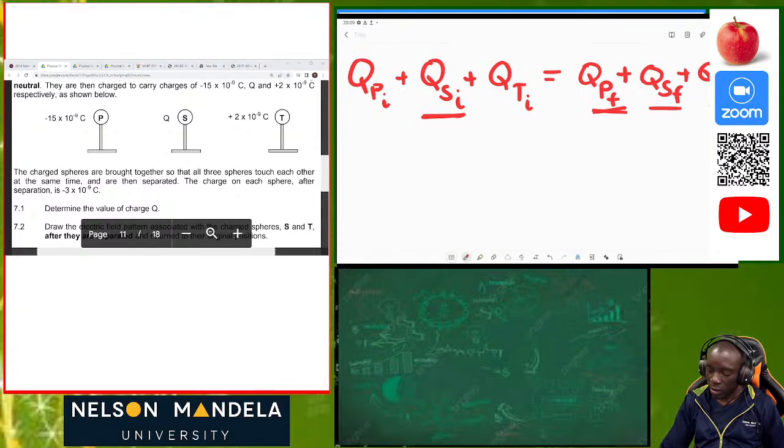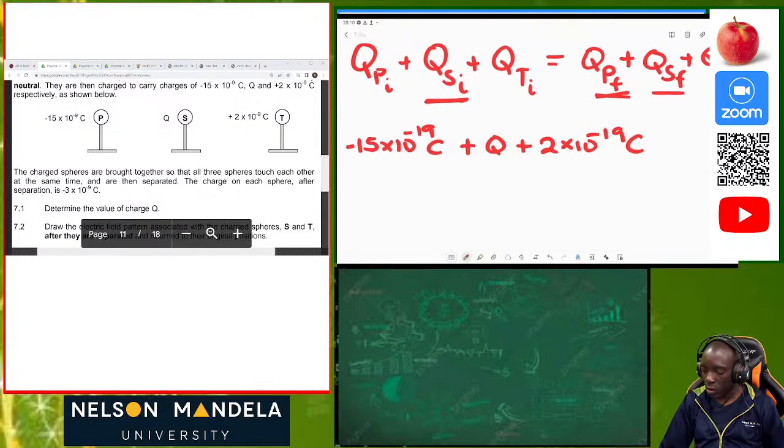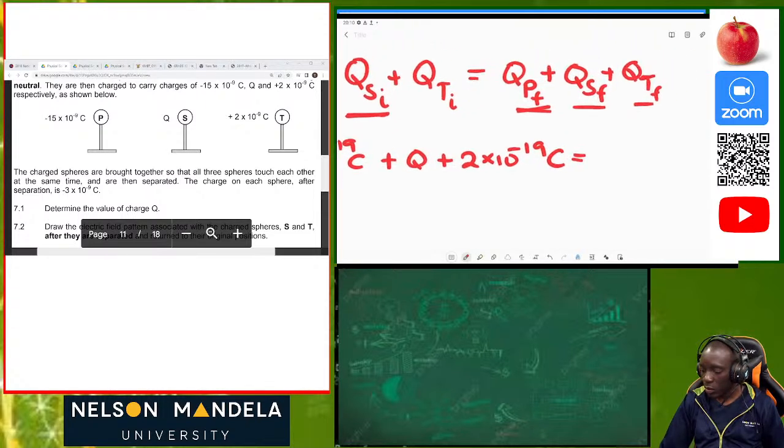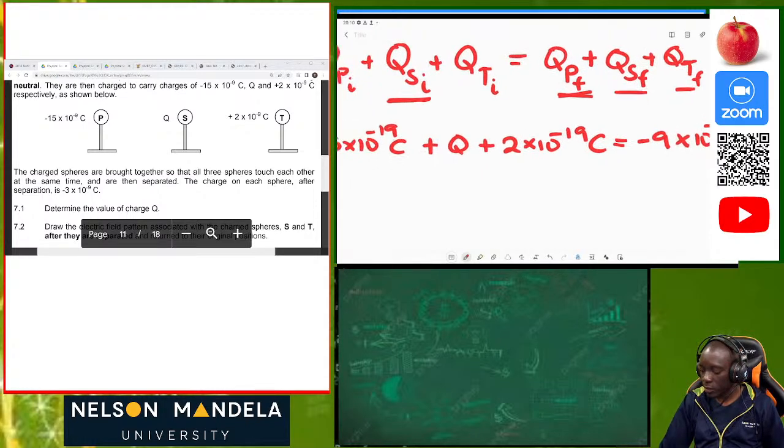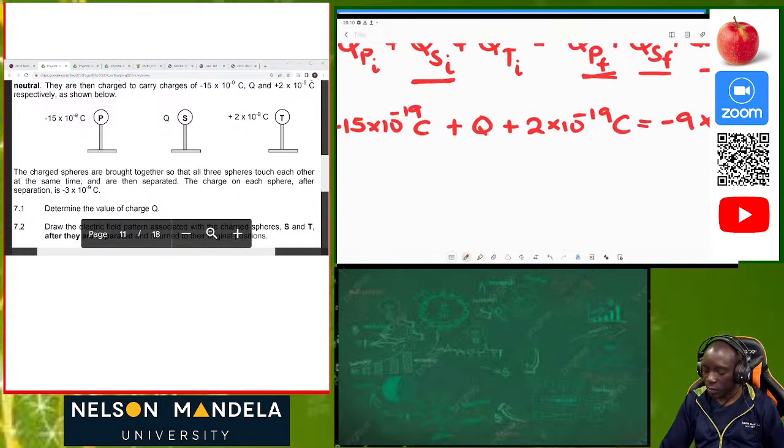That means we can now substitute the values: -15 times 10 to the -9 coulombs plus Q plus 2 times 10 to the -9 coulombs, all this should be equal to -9 times 10 to the -9 coulombs. So now you make Q the subject.